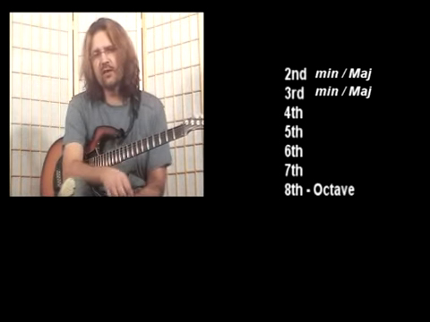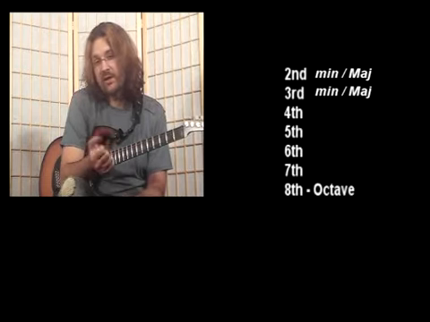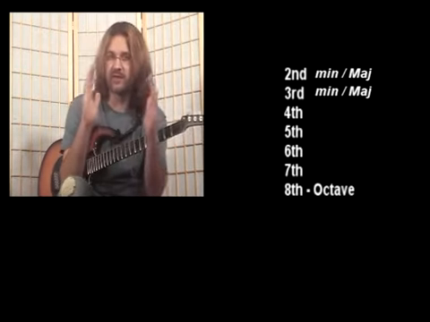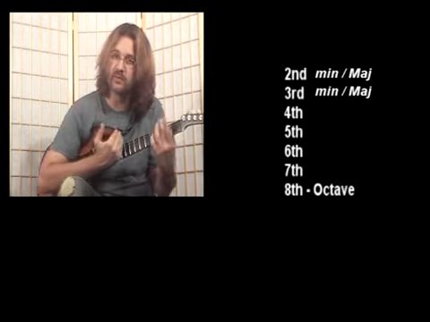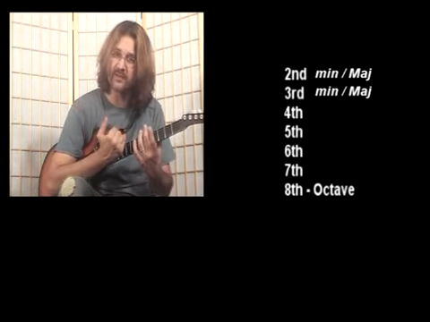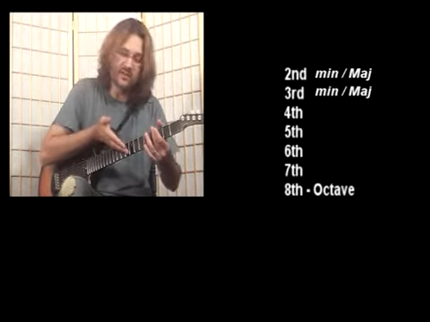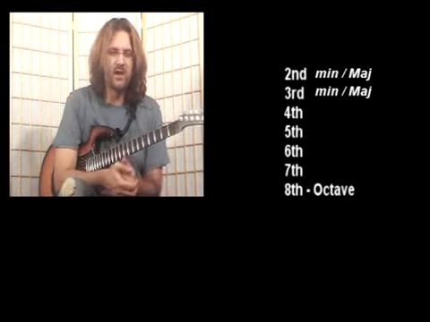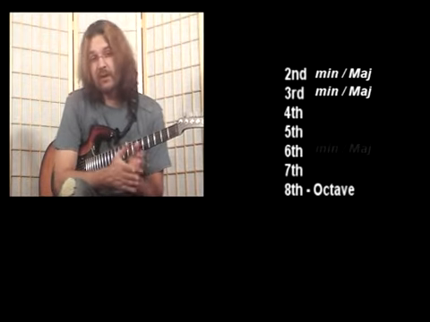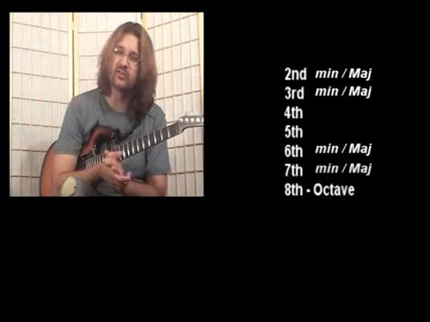Same for the fifth. We're going to have a perfect fifth or a natural fifth, and then we can have a diminished fifth. So that interval is going to be diminished. The distance between the two notes is going to be smaller, so you'll have less frets. Or augmented, and the distance between the two notes is going to be augmented. You have more frets. The sixth, we've got a minor sixth and a major sixth, and same for the seventh, minor seventh and major seventh.